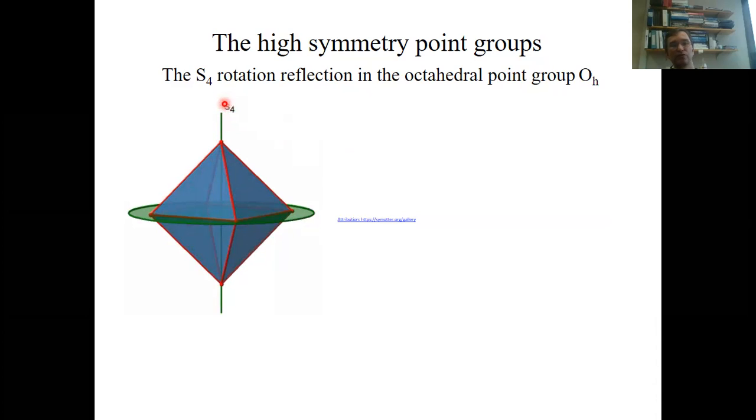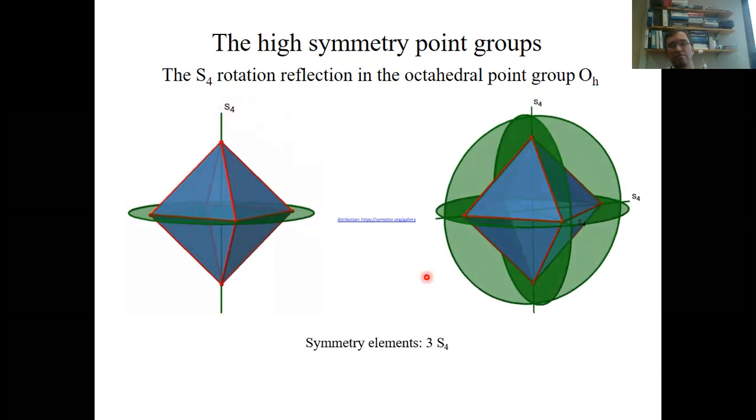The S4s stand where the C4s are. So therefore, we must also have 3. So how many symmetry operations will we have? Well, for the S4, we have the S41 and the S43. The S44 is the identity, and the S42 is the same as a C2 prime. And therefore, we have 3 times 2 is equal to 6 symmetry operations.